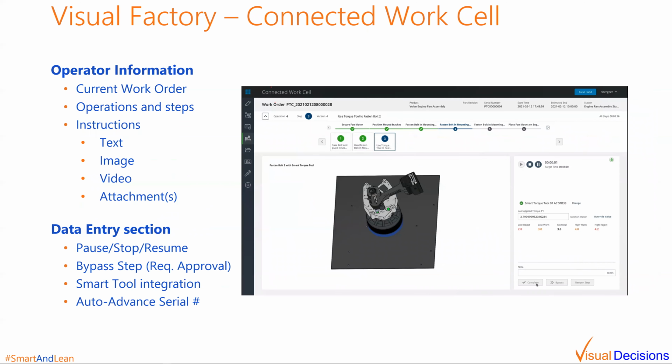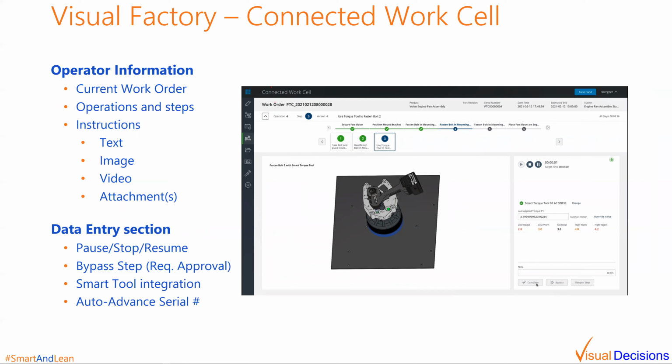And then for something like work instructions, instead of a book that has however many printed pages of work instructions and so forth, being able to have live connected work cells where the work instructions for whatever piece is in front of them are displayed, and they can track that information in real time.